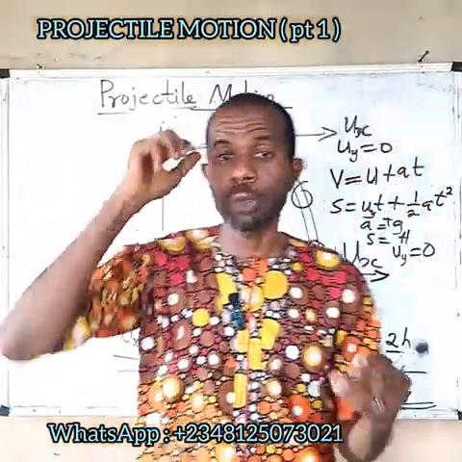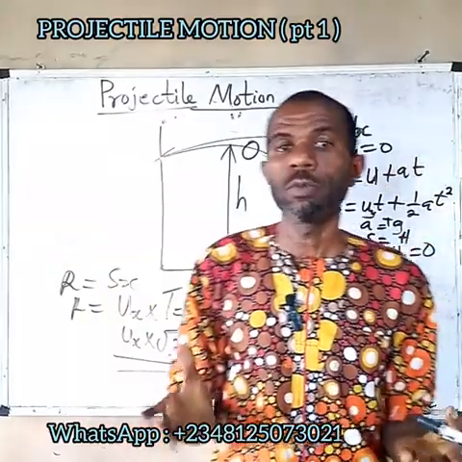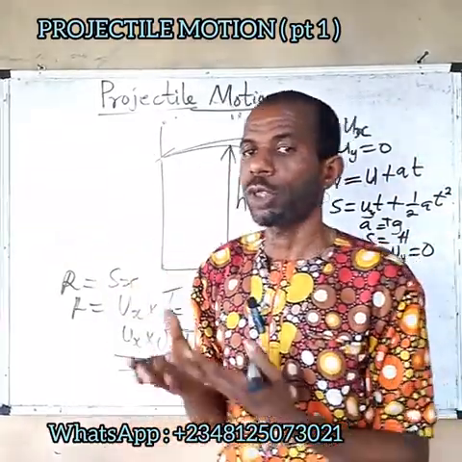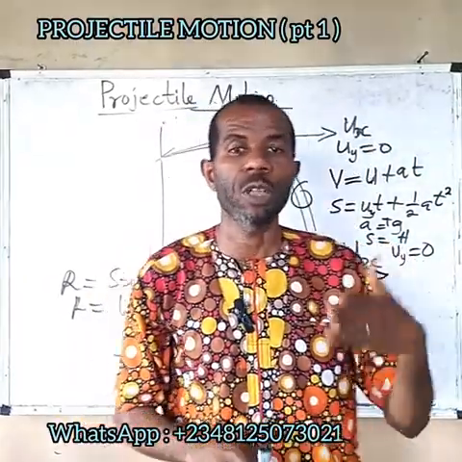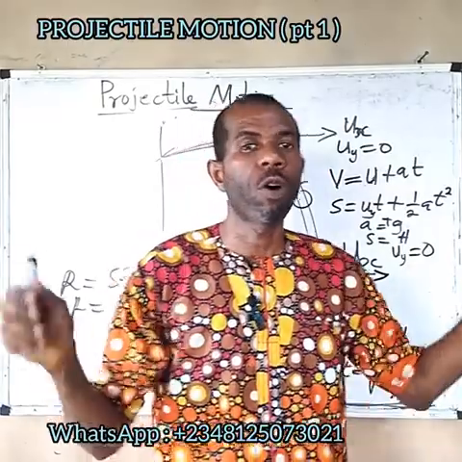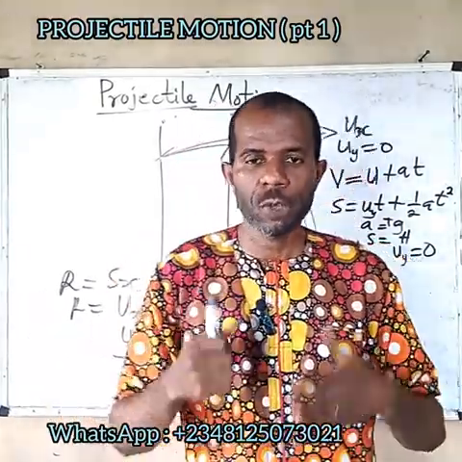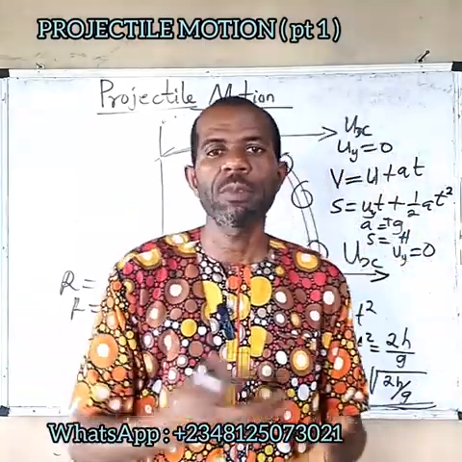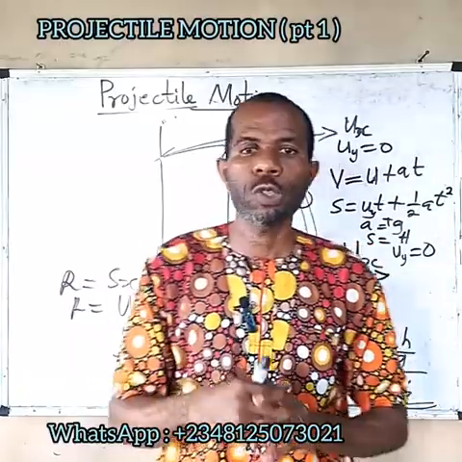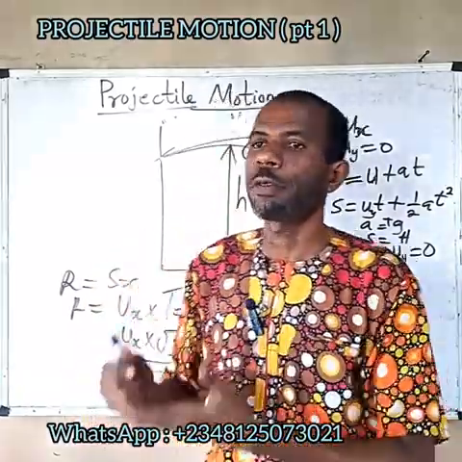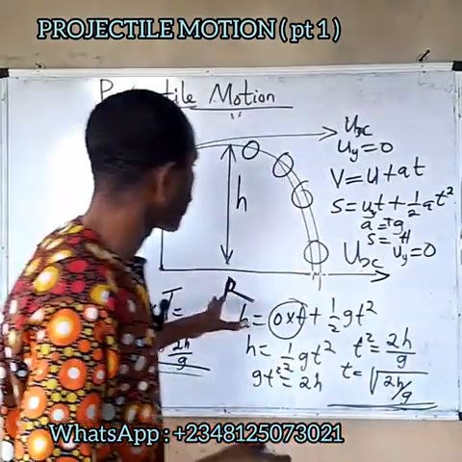But what if we project with an angle, inclined, or project with an initial velocity inclined at an angle with the horizontal or vertical? Now let us look at how we get the time to reach the maximum height itself, and also the time of flight, also the range.